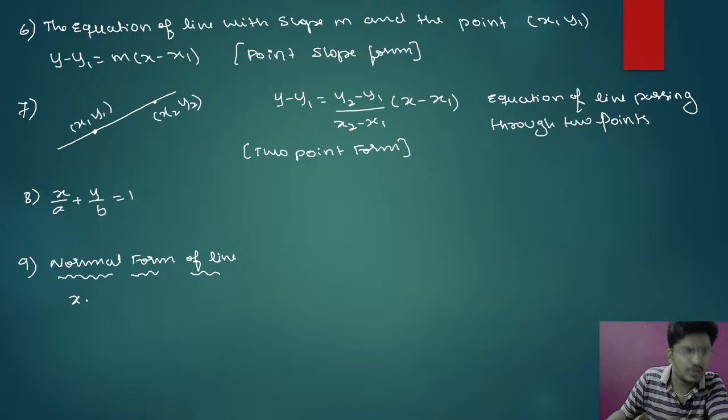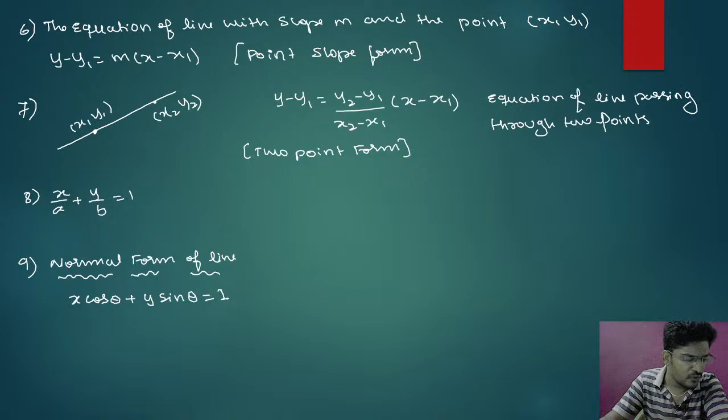X cos theta plus y sin theta equal to 1. Okay. So this is the normal form of the line. That is x cos theta plus y sin theta equal to 1. Clear?